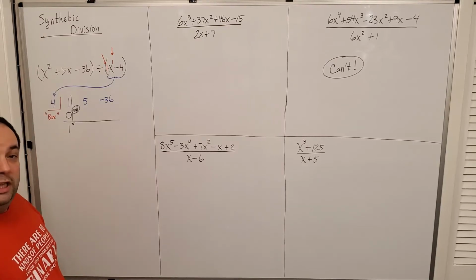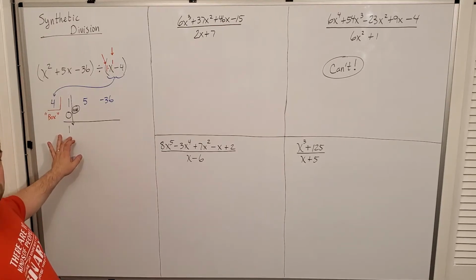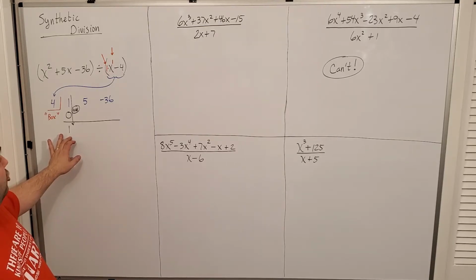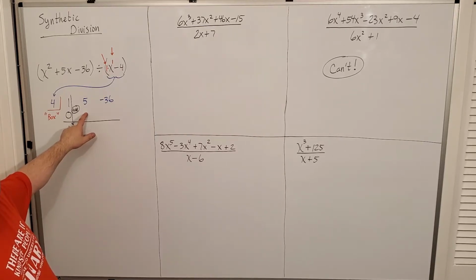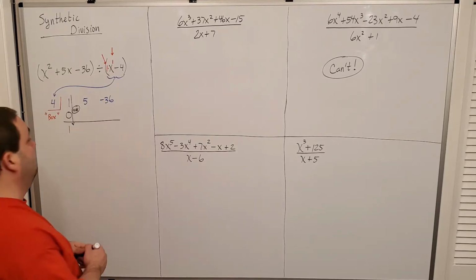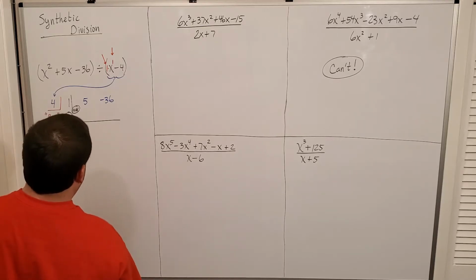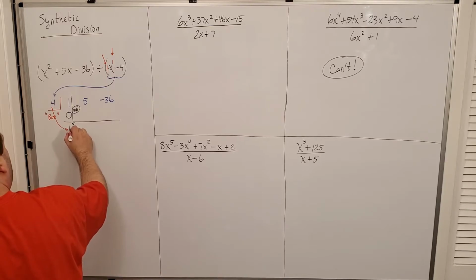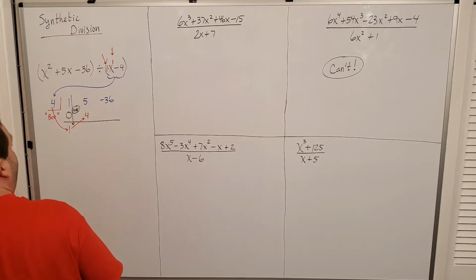Once you have completed a column, like so, you use multiplication with the box to start the next column semi-completed. So 4 times 1 is 4.